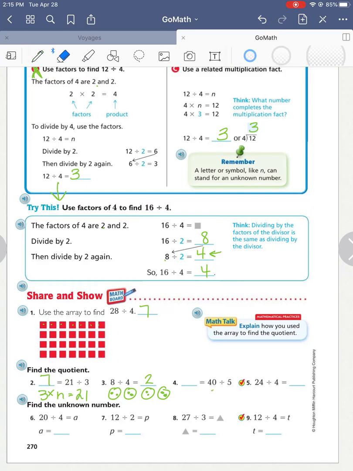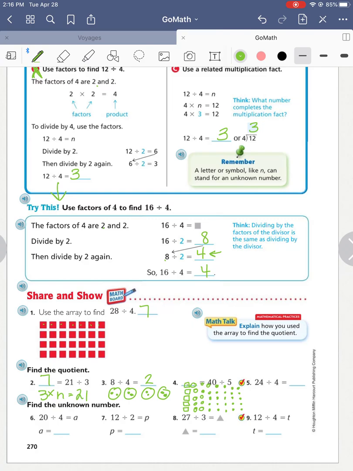40 divided by 5. We could do 5 rows. It's hard to fit. 6, 7, 8, 9, 10, 11, 12, 13, 14, 15, 16, 17, 18, 19, 20, 21, 22, 23, 24, 25, 26, 27, 28, 29, 30, 31, 32, 33, 34, 35, 36, 37, 38, 39, 40.